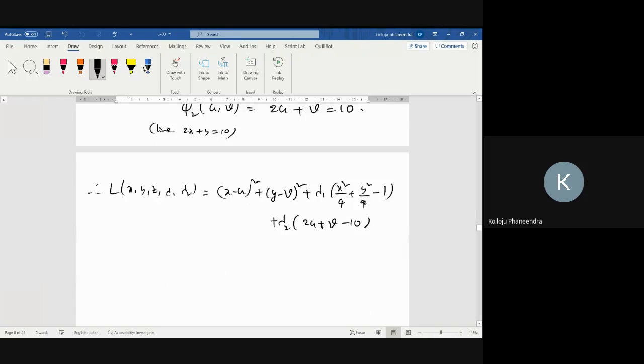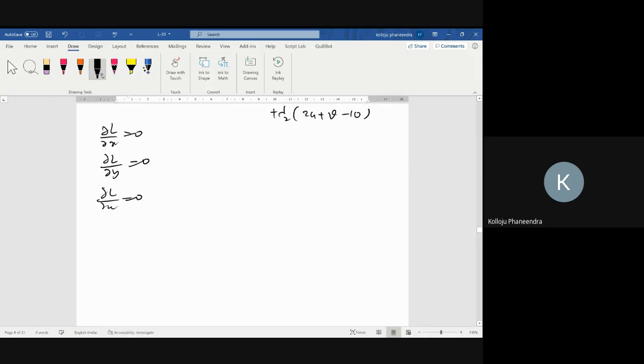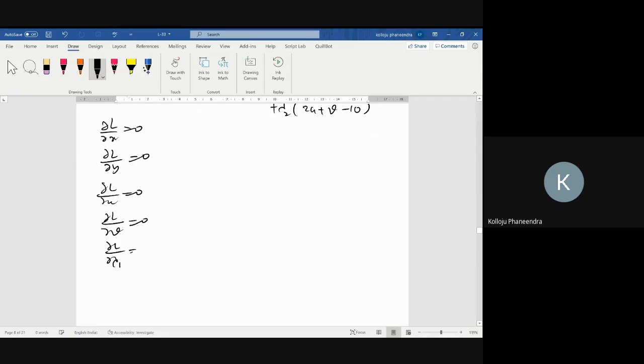So what are the necessary conditions? Dou L by dou x equal to 0, dou L by dou y equal to 0, dou L by dou u equal to 0, dou L by dou v equal to 0, dou L by dou lambda 1 equal to 0, dou L by dou lambda 2 equal to 0. Find all these equations and solve them.